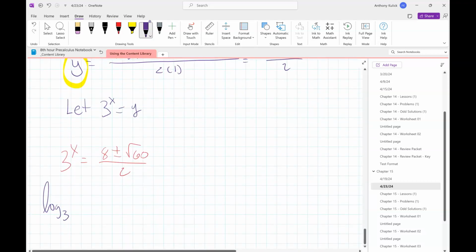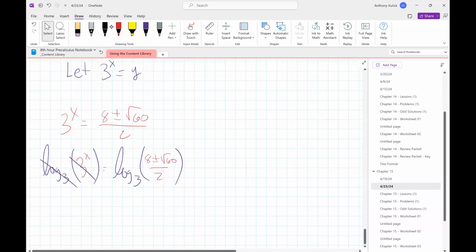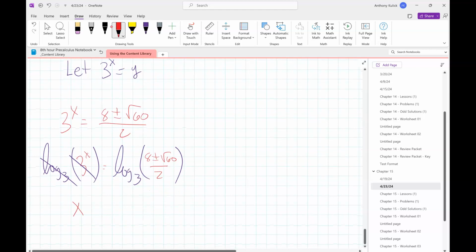Log base 3. Notice this is why I didn't worry about simplifying, because I knew I wasn't done. I still had a lot more to do.